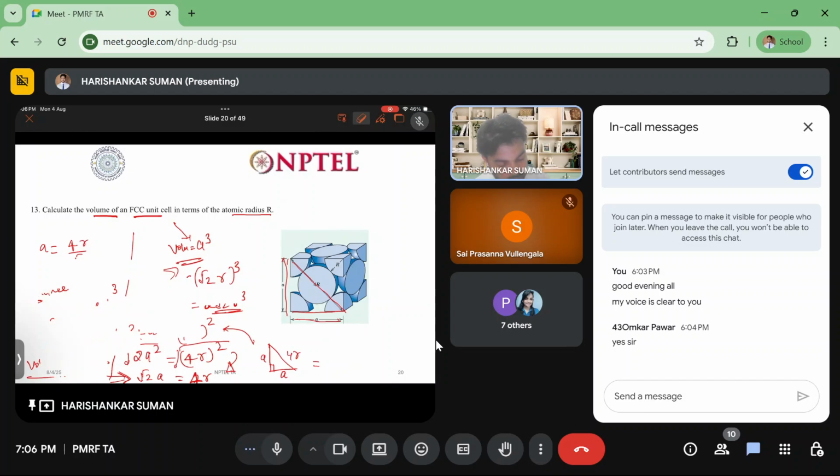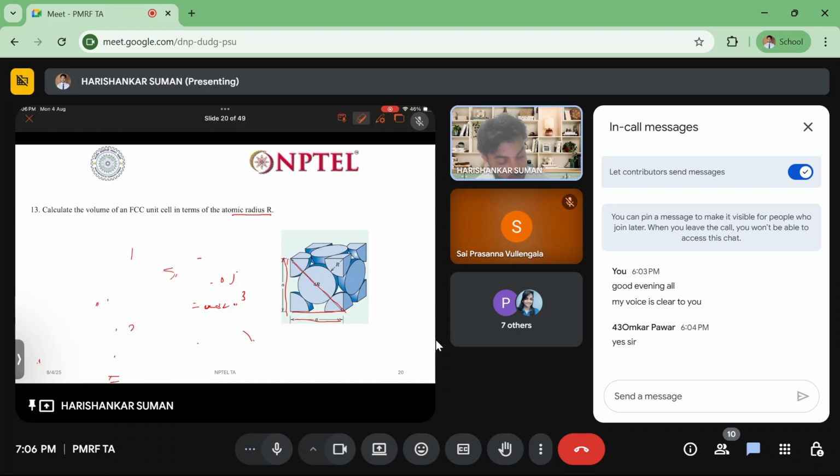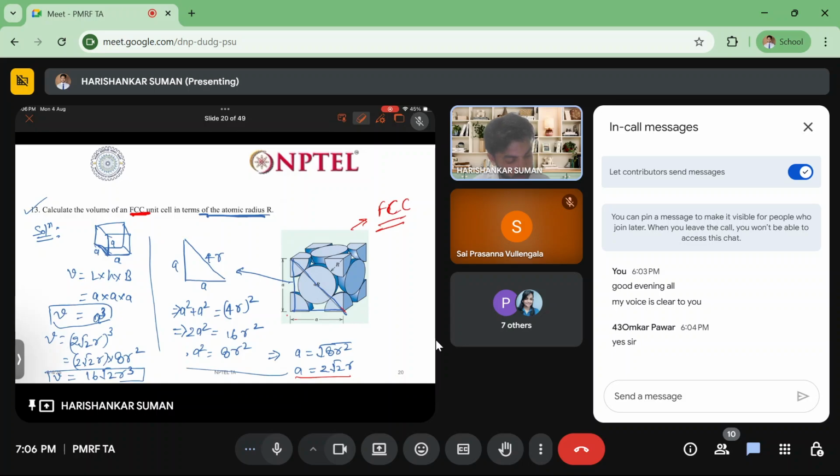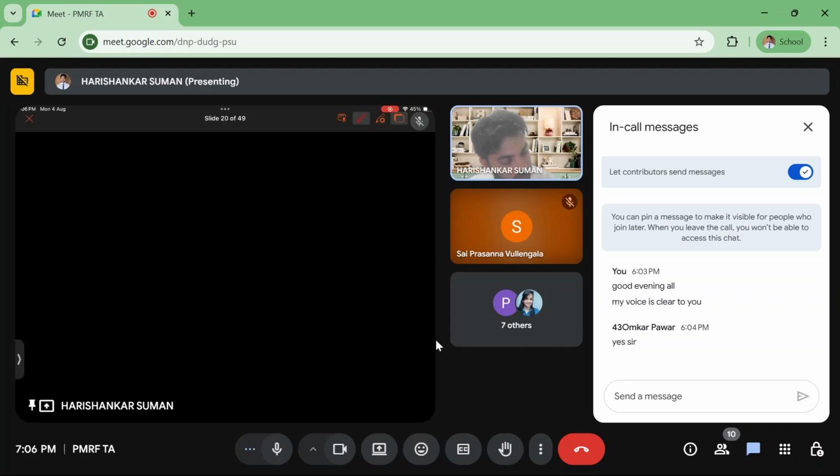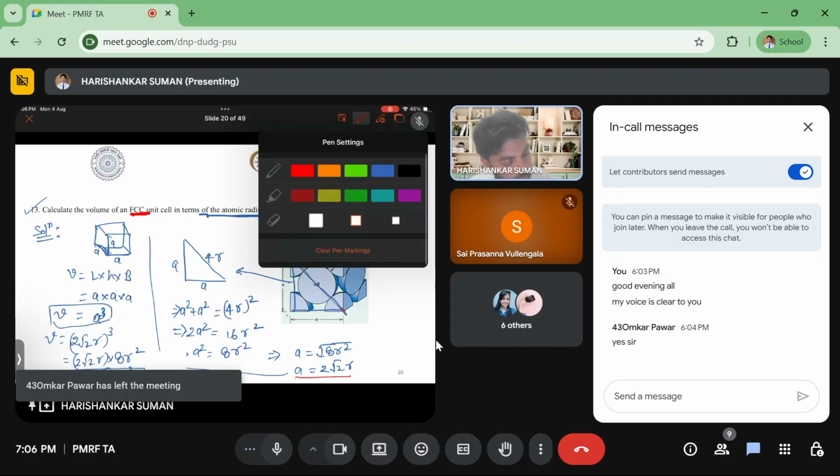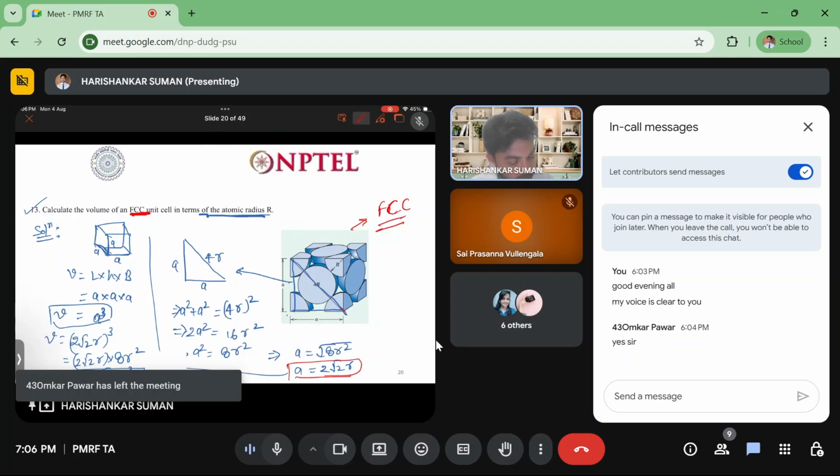One minute. A equals, you can use this relation, 2 root 2 R.